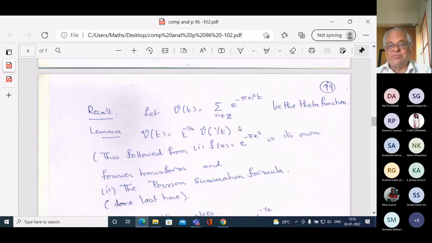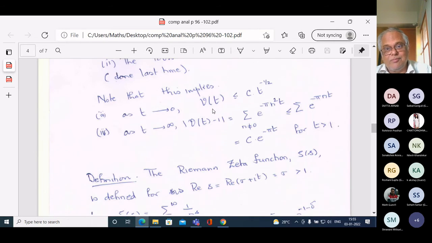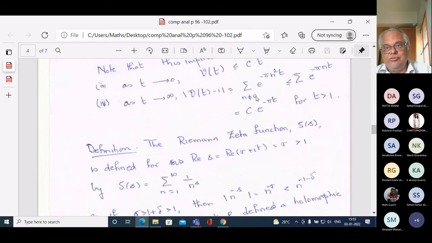So theta t minus 1 is the sum over n in Z, n not equal to 0, of e to the minus pi n squared t. Now you notice that n and minus n, 2 and minus 2, give you the same sum. So instead of taking n in Z, I will look at n equal to 1 to infinity, and I'll put a factor 2 in front of it.